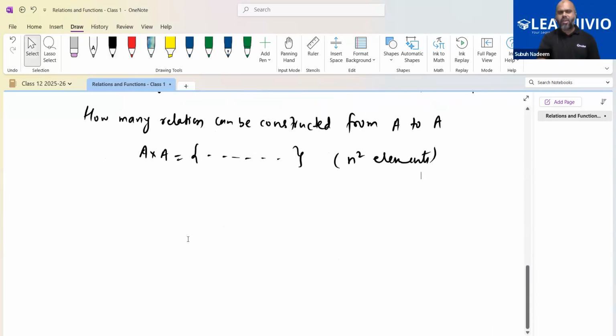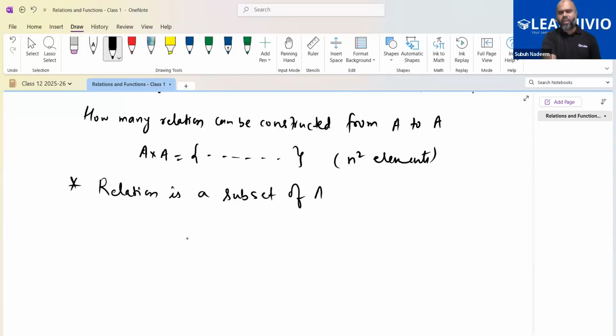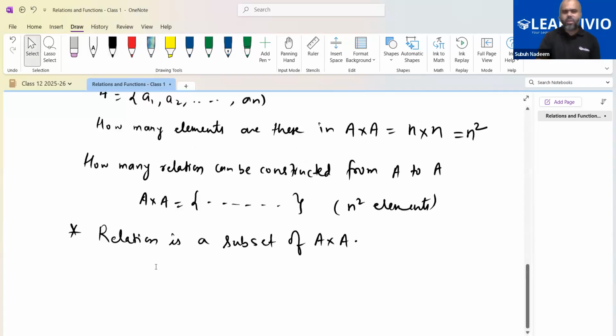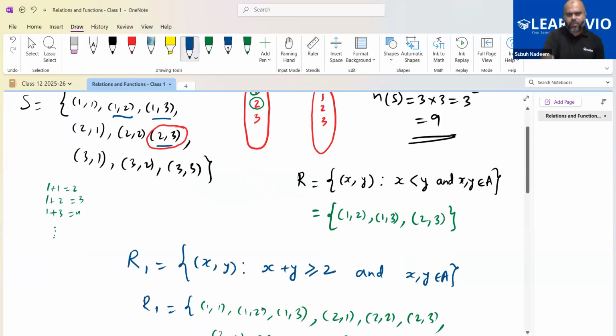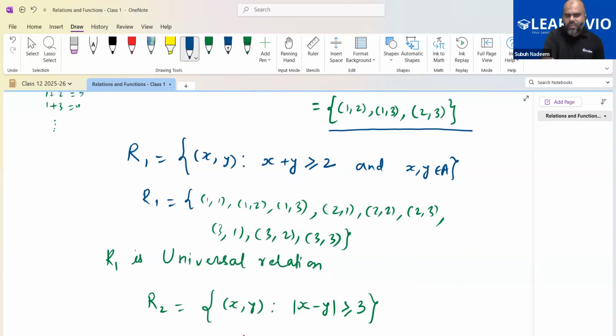And a very important point is that a relation is a subset of A cross A. As you can see in the above example, whatever relations we have taken, like the R relation, had elements from this S only. It was a subset of S. The R1 relation was exactly equal to S, so it is an improper subset, but it is a subset.